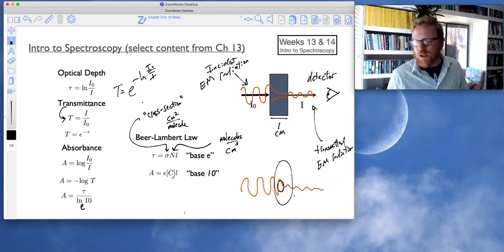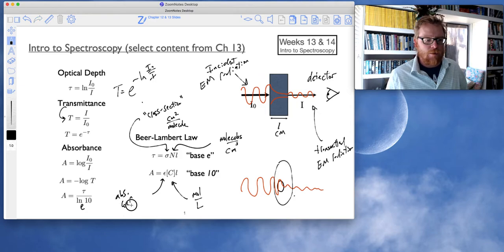Of course, the way that you've all been looking at Beer's law, which is the way we do it in chemistry, is the base 10 measurement, where now my concentration here is expressed in molarity, mole per liter. My path length is still given in centimeters, and now that means my absorptivity coefficient, I'll write that as absorptivity coefficient.